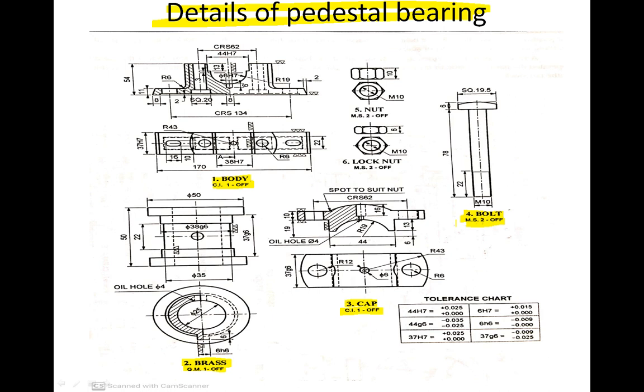Then the fifth part is the nut, which is made of mild steel, and the quantity of nut is 2. Then the sixth part is the lock nut, which is made of mild steel, and quantity of lock nut is also 2. So this information we will get from the part list.